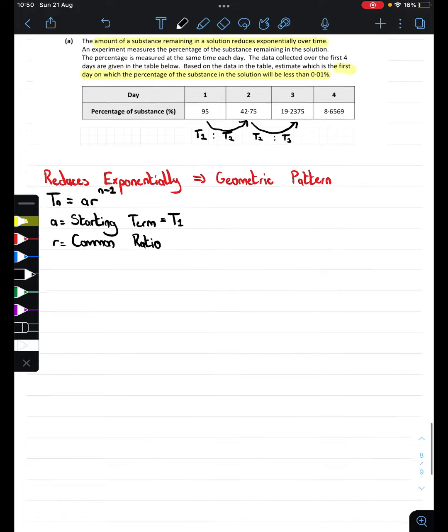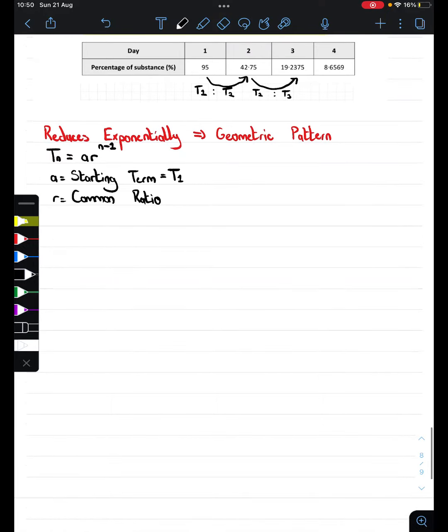Okay, so our starting term, a, which is T1, our first term, is 95.